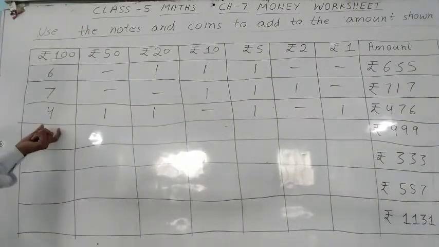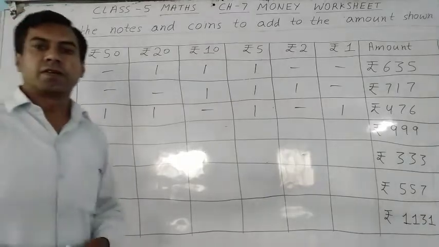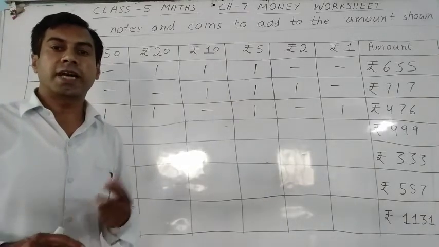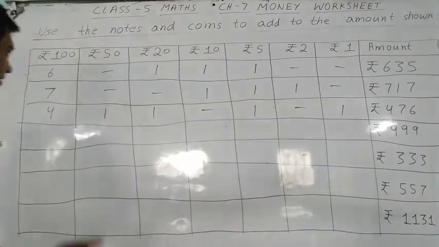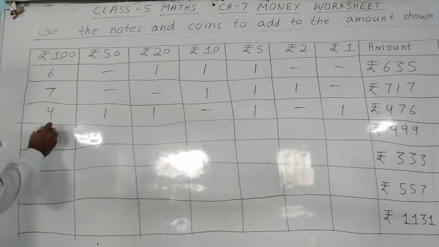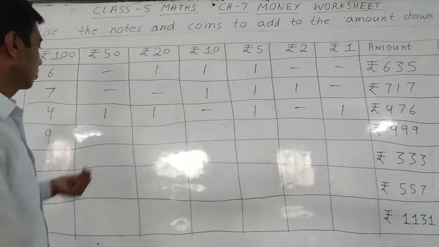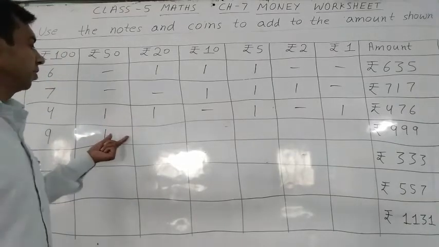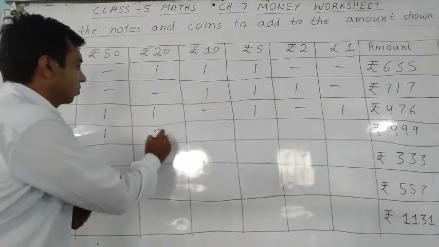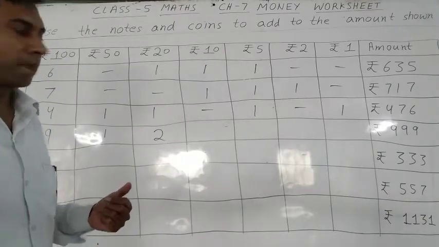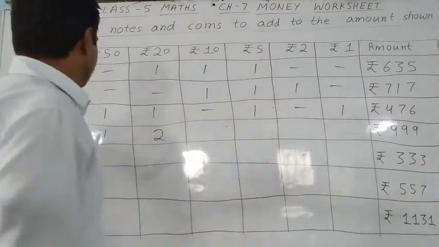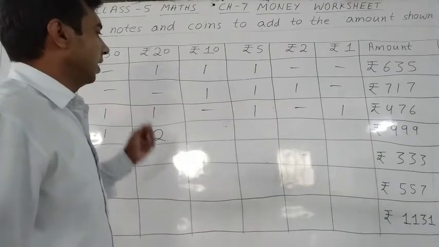Now next, 999. How many notes of 100 rupees? Student, 9 into 100, 900. Now student, 1 50 rupees note, 2 20 rupees notes. So 50 40, 90.